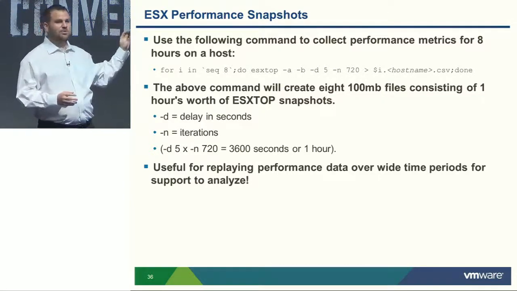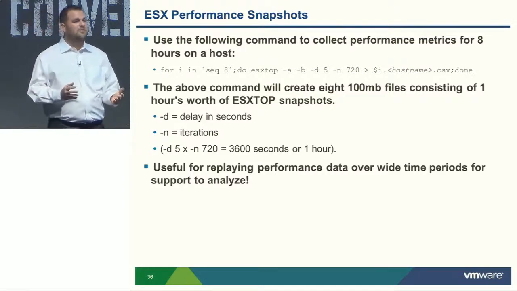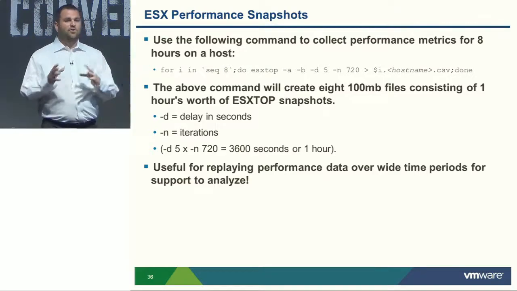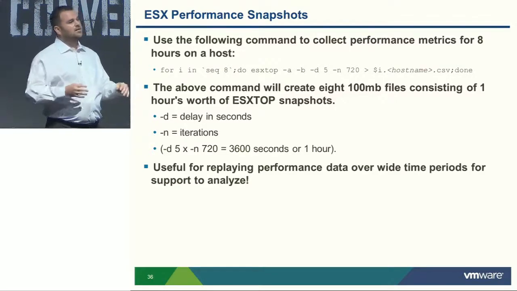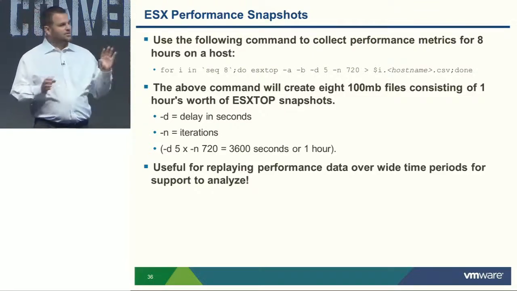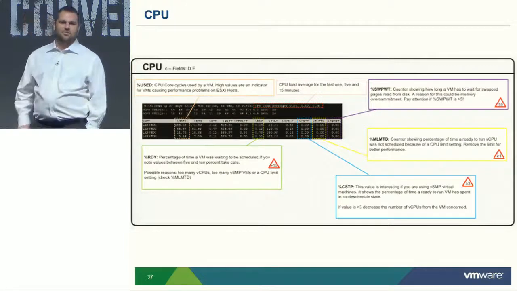I put the parameters as well as the script in there. This is great if you want to grab a snapshot of your performance during a certain time frame and then be able to replay it in ESXTOP and look at the numbers live, from a previous time. This is really handy to be able to give to our support guys as well. So this is a quick script for your reference. I highly recommend you use it if you're in that type of scenario.